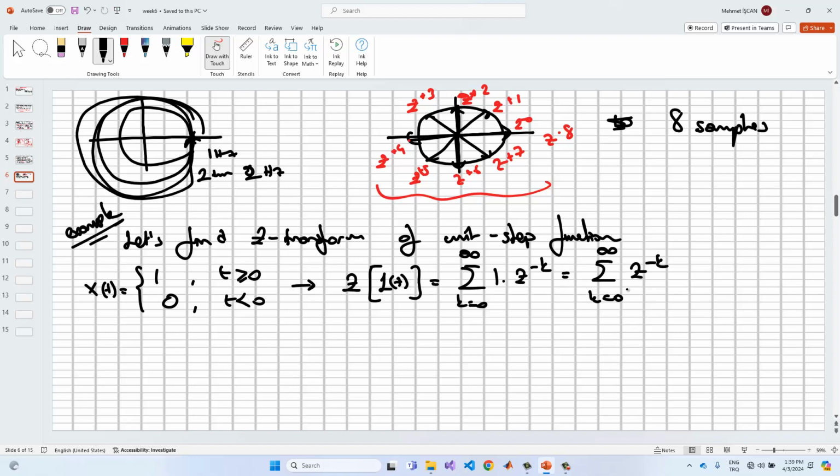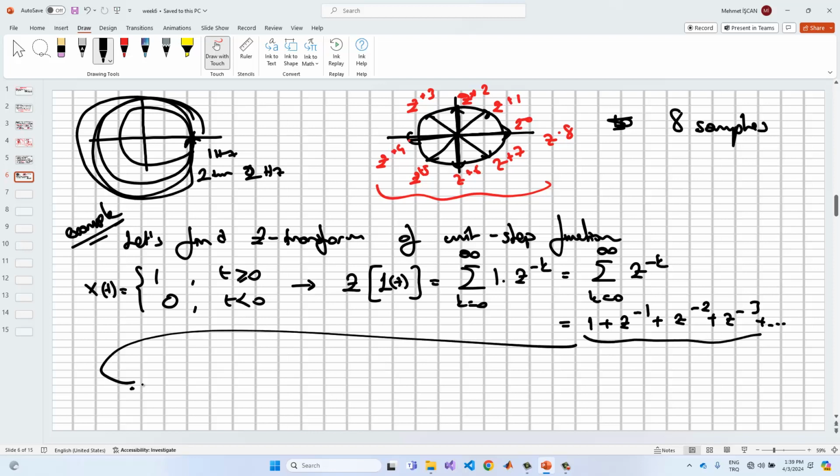Okay, and so this yields us in the z transform 1 plus z minus 1 plus z minus 2 plus z minus 3 and so on. Okay, this solution can be done using the infinite series solution. Yield us to what? Z is equal to what?